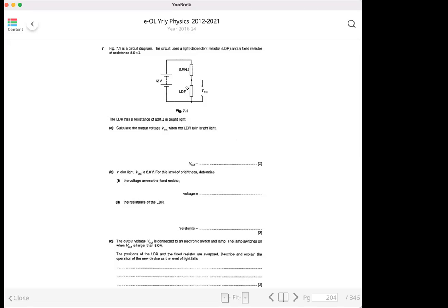Type help in the chat. Okay, Pei Kwan needs help. How about the rest of you? The other three of you haven't given me the answer.